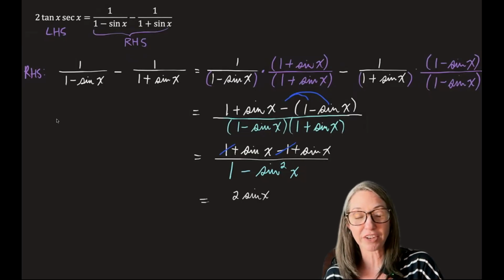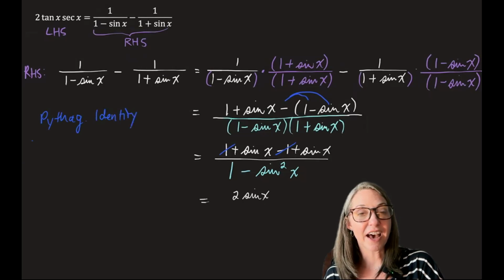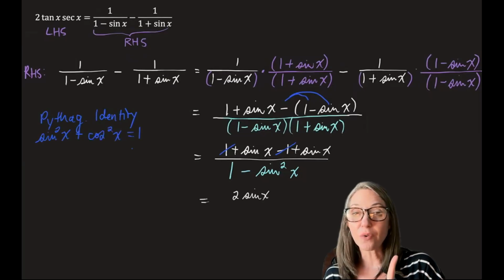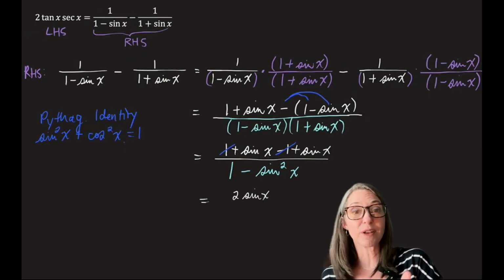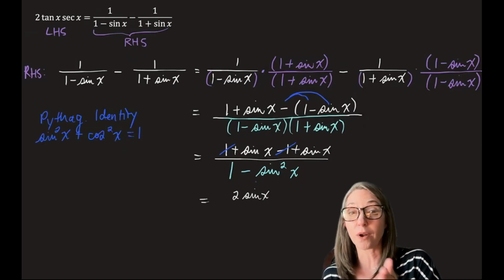Hopefully you recognize that is a rearrangement of the Pythagorean identity. So a little scratch work over here on the left. The Pythagorean identity for trig states that sine squared x plus cosine squared x is equal to 1. So what you want to do is start hopefully recognizing rearrangements of that identity, such as 1 minus sine squared.